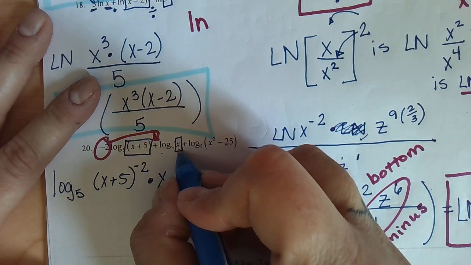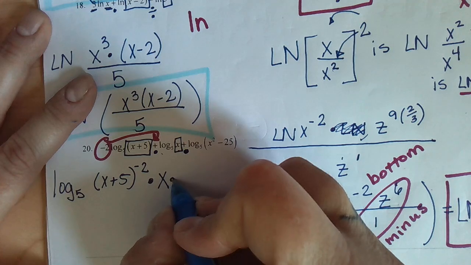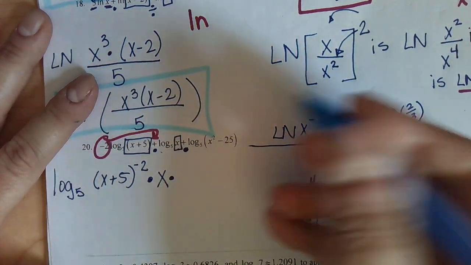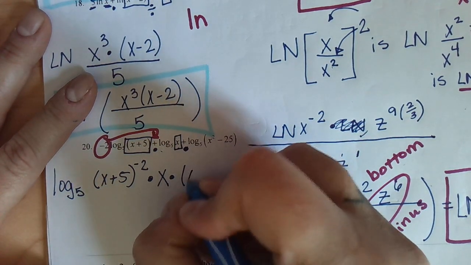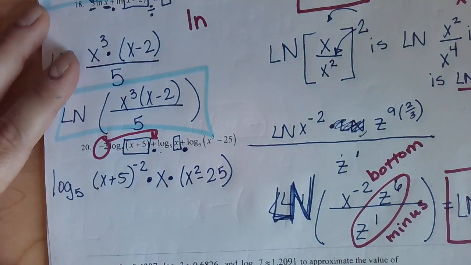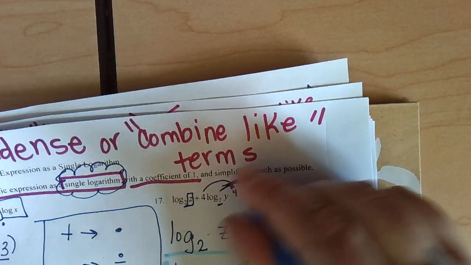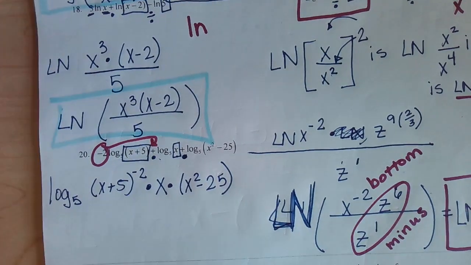Okay, so we got this x. Then I see another plus sign. That means multiply, just like the last one did. And then we have x squared minus 25. All right. Okay, we could stop there, but it says simplify as much as possible. So let's go.